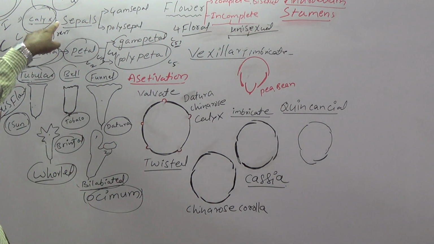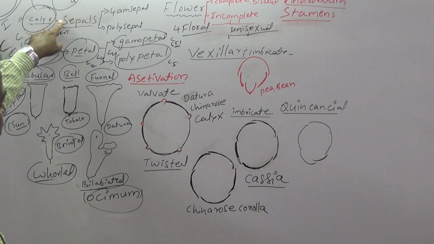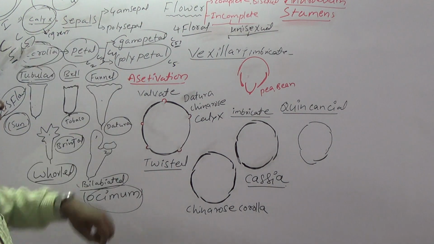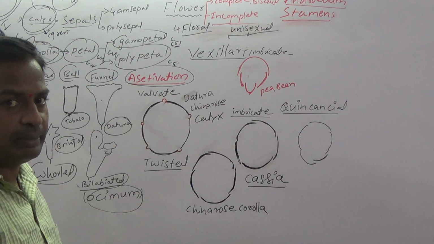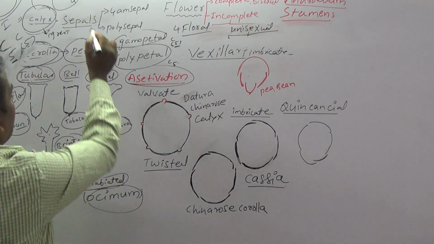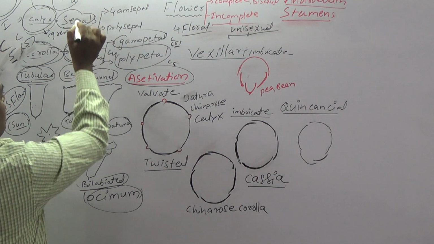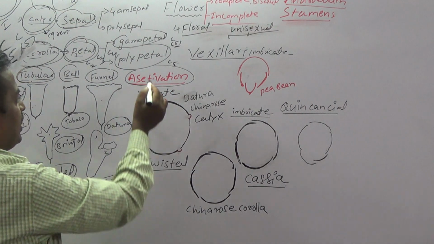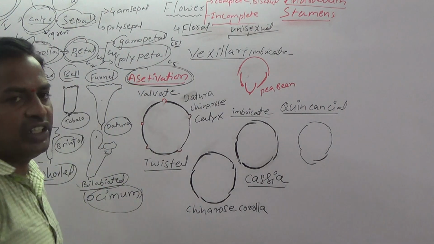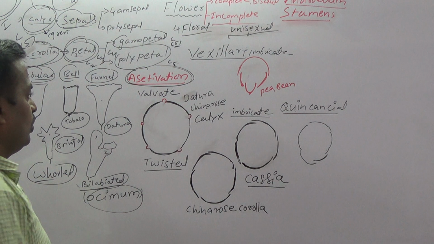The arrangement of sepals and petals in a floral bud is known as aestivation. What is aestivation? Nothing but the arrangement of sepals or petals in a floral bud. Look here.